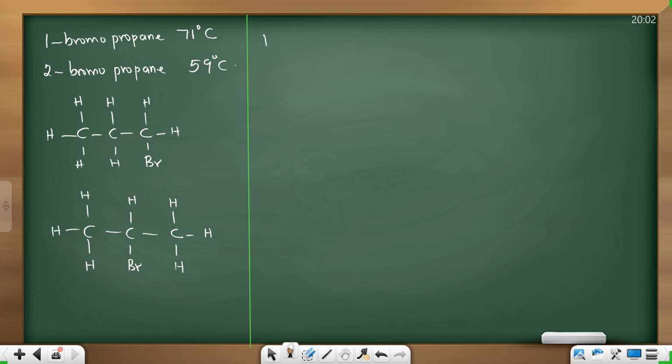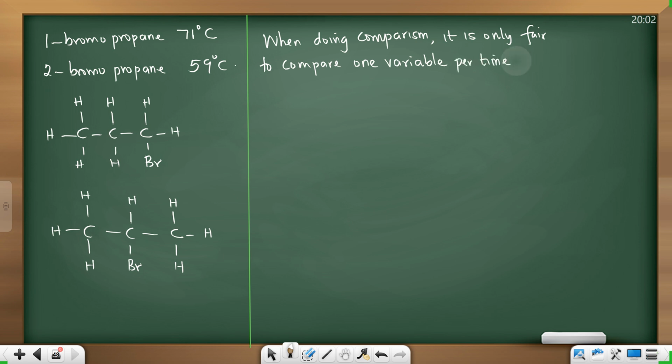Finally, when doing comparison, it is only fair to compare 1 variable per time. Please, they are going to ask you to do some things.